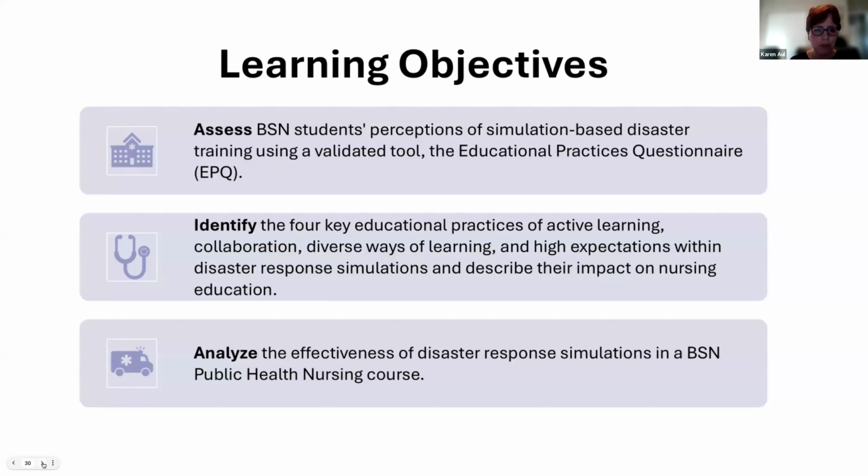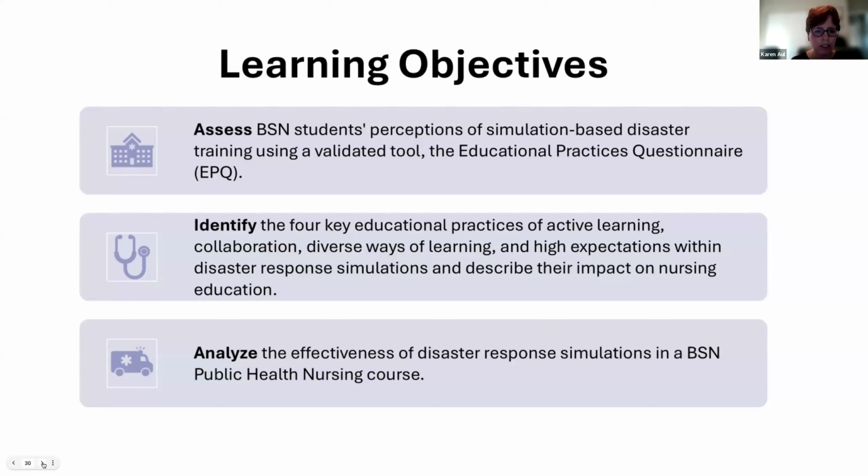So the three learning objectives for this study: the first one was to assess the BSN students' perceptions of simulation-based disaster training using a validated tool called the Educational Practices Questionnaire, or the EPQ. This tool is from the National League for Nursing, the NLN, a validated tool.